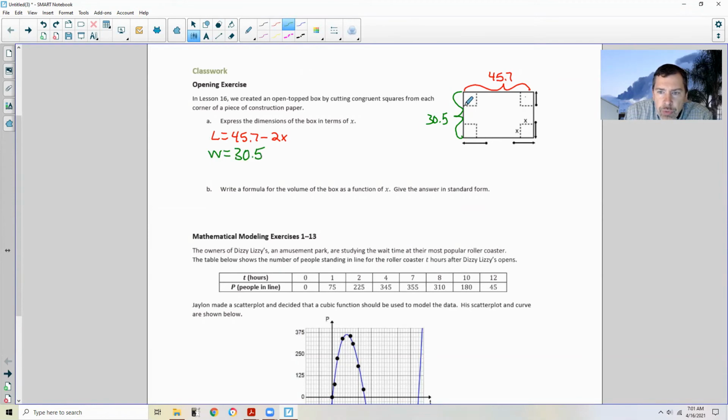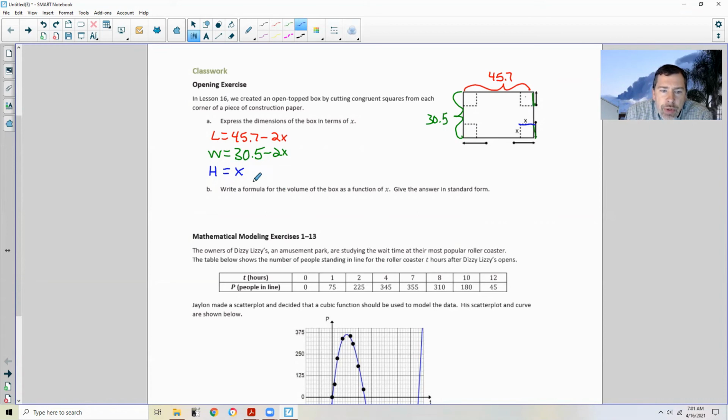But again, if we cut here, and they're a distance of x. So if this is x and this is x, and we cut those out and fold the side up, then this distance here is going to be 30.5 minus 2 of those x's, so minus 2x. Okay, and then finally the height is going to equal that x, because if I cut in like this and fold it up, that is our height. So height is going to equal x.